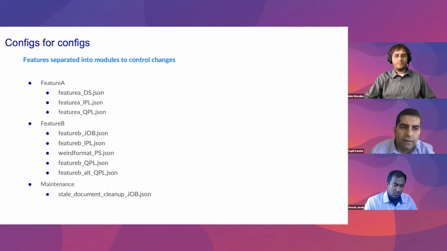Some are data source files, some are IPL files, some are QPL files. To break those down, we have created feature sets, and based on the feature sets, we allow users to select which features they want to promote. It's not like everything has to be promoted. The users select which feature they want to promote, and that's how we have divided these feature sets. Next slide, John.